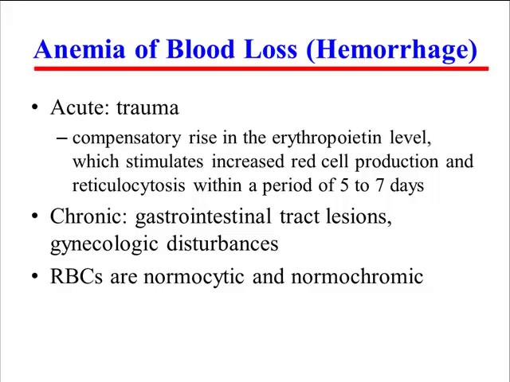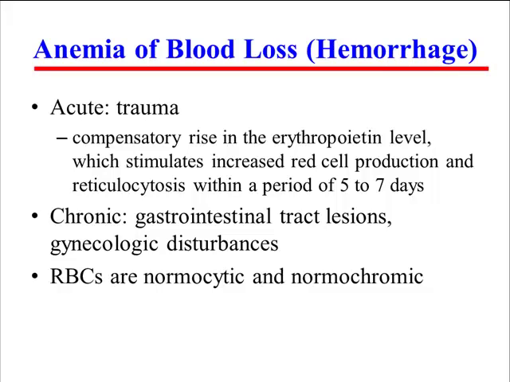And so there will be an increase in red cell production, and also an increase in the number of immature red blood cells, and that usually happens within 5 to 7 days after the trauma. So chronic causes of blood loss could be due to GI tract lesions or gynecological disturbances.